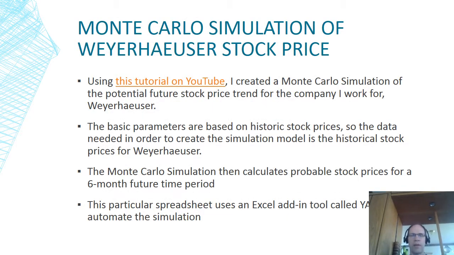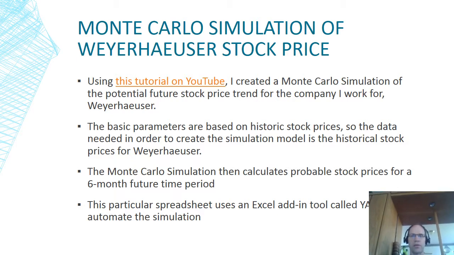So to wrap my head around this, I read a lot about Monte Carlo simulation, but ultimately I used a tutorial that I found on YouTube, and it helped me create a Monte Carlo simulation of the potential future stock price trend for the company that I work for, Weyerhaeuser. Now, the basic parameters that are needed are based on historic stock prices.